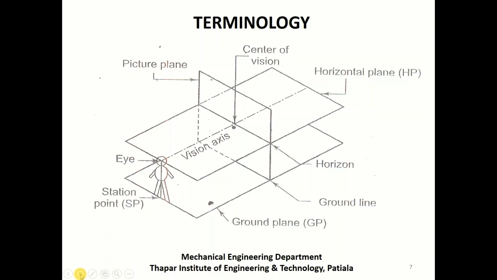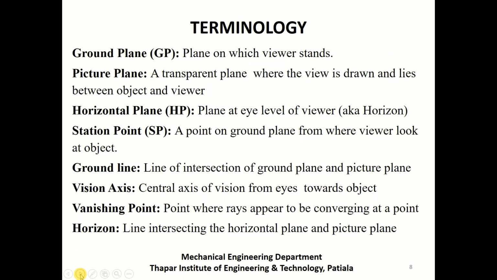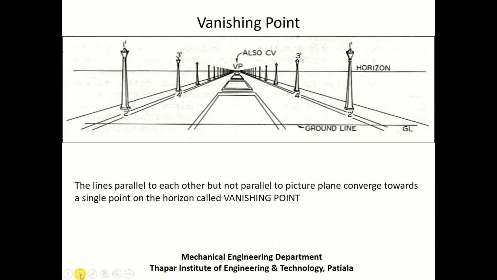Now all the terms that we discussed are summed up on this slide: the ground plane, picture plane, horizontal plane, station point, ground line, vision axis, vanishing point, and horizon. Now just for your understanding, this slide shows the frame that you see here.